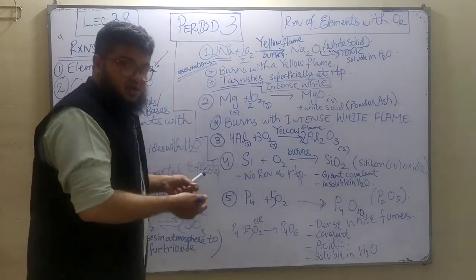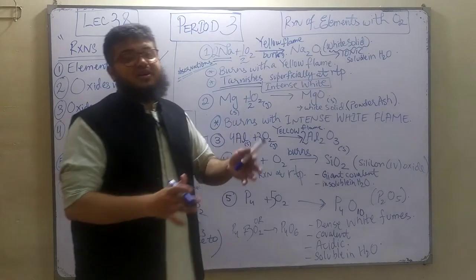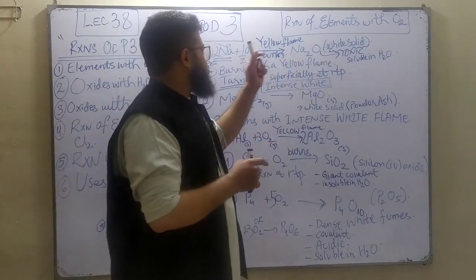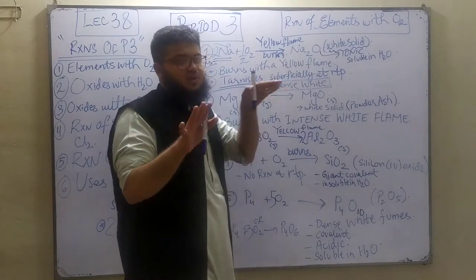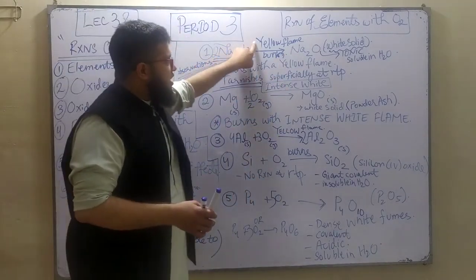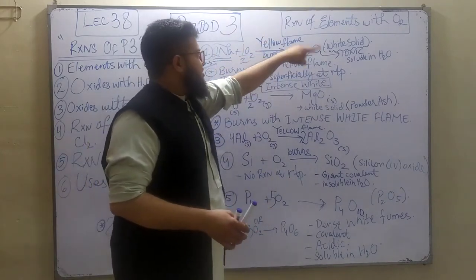If you burn it in the presence of oxygen, it will produce sodium oxide, but if you leave it, it will tarnish. Only its superficial layer will get coated with sodium oxide, and of course that reaction is going to be slower. Now the takeaway points from here are the flame color, the color of sodium oxide, white basically, and its properties.